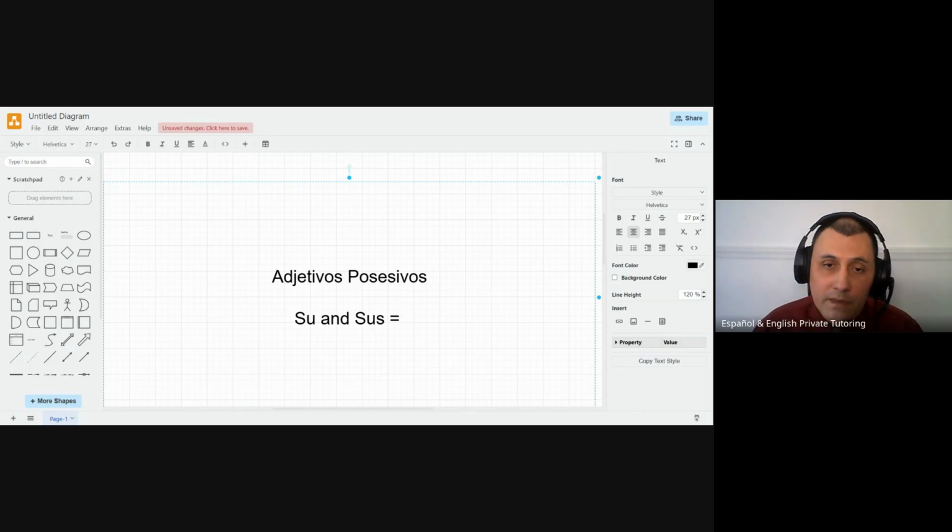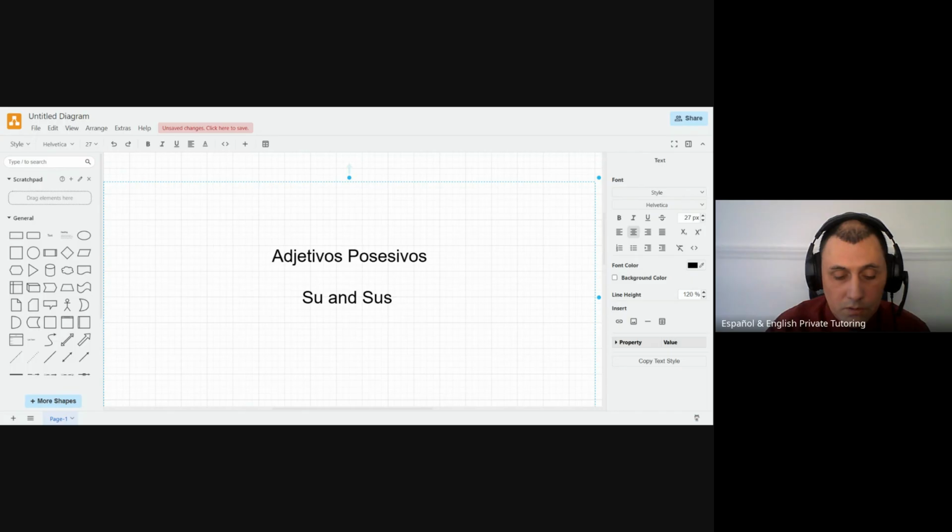Another important thing to keep in mind is that su and sus, as the book says, can translate as his, her, their. In other words, su and sus is extremely confusing, it's ambiguous, because if you, for example, give me this sentence, you say this, su carro, okay?